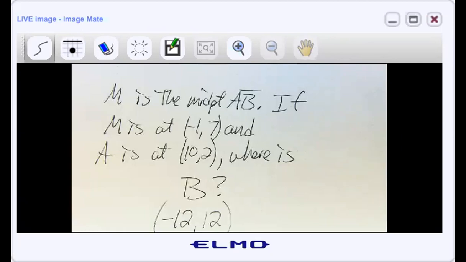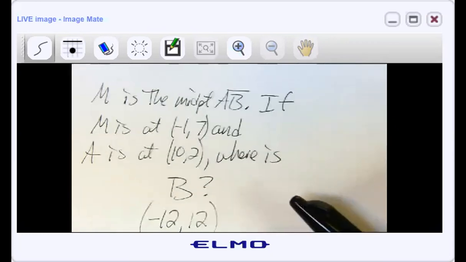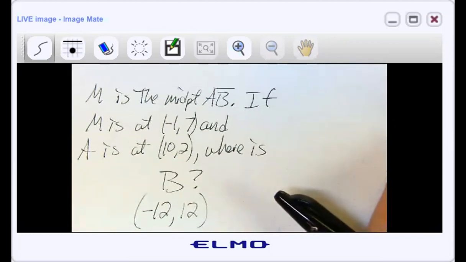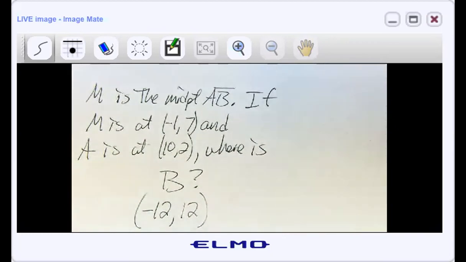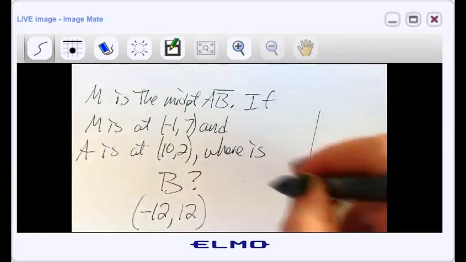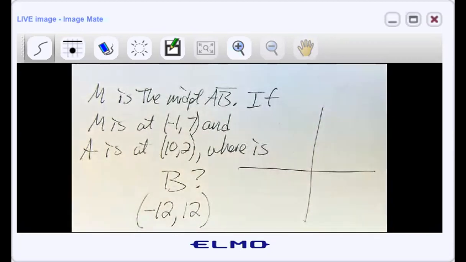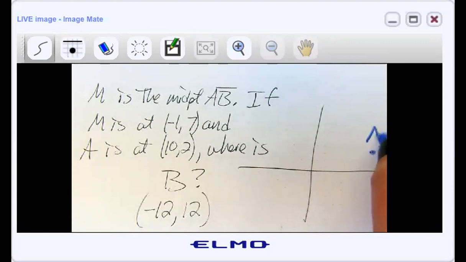It might be helpful if you think about this, so I'm going to sketch it out again. I think it's easier to make sense of this on a coordinate plane. If I have my first point, A is at 10, 2. So A is way over here.